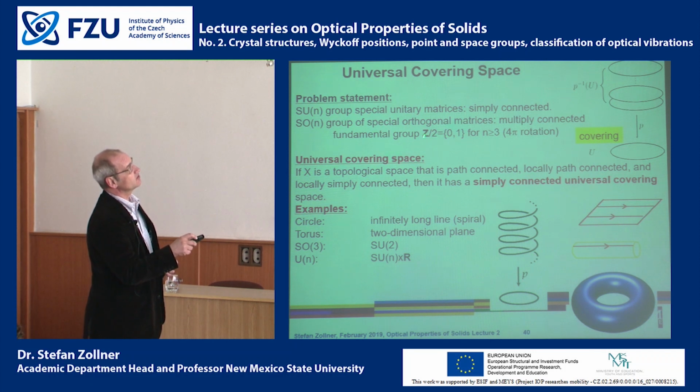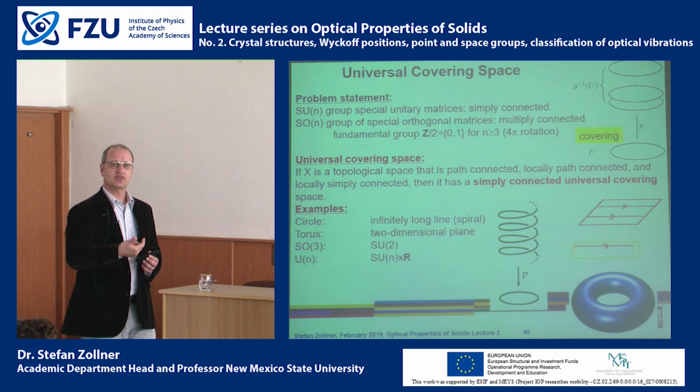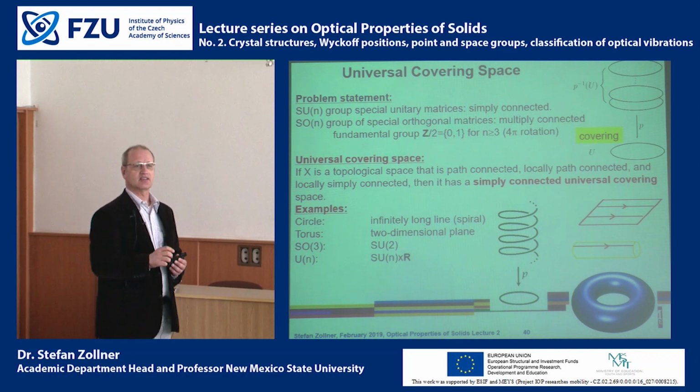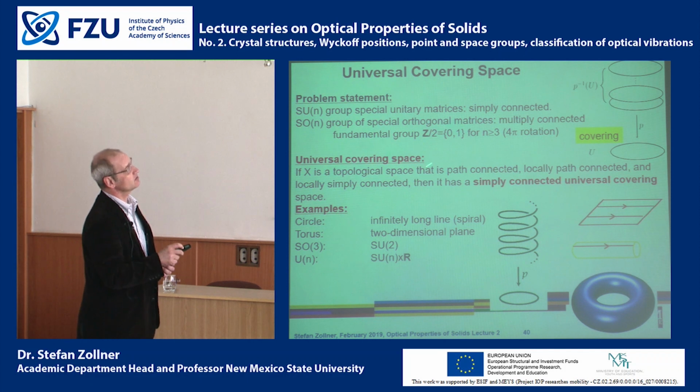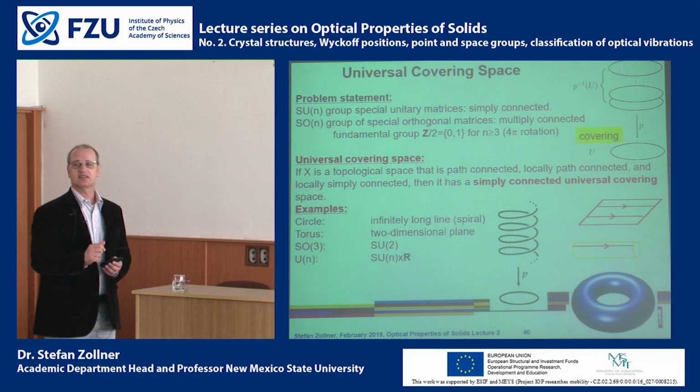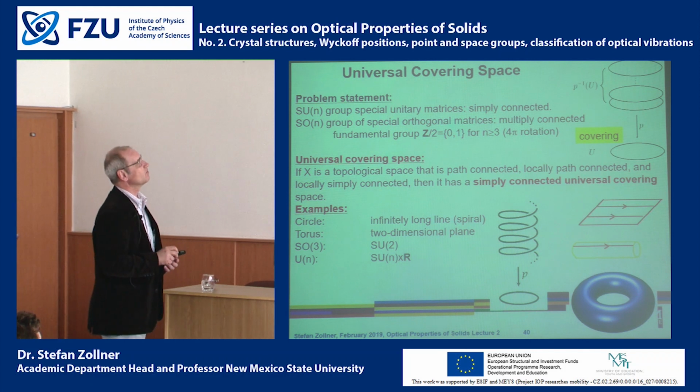And that's why a 360-degree rotation flips the spin rather than leaving it invariant. But if I go around twice, I rotate by 720 degrees. The fundamental group is the cyclical group of order 2. So after 720 degrees, I get the original spin back.